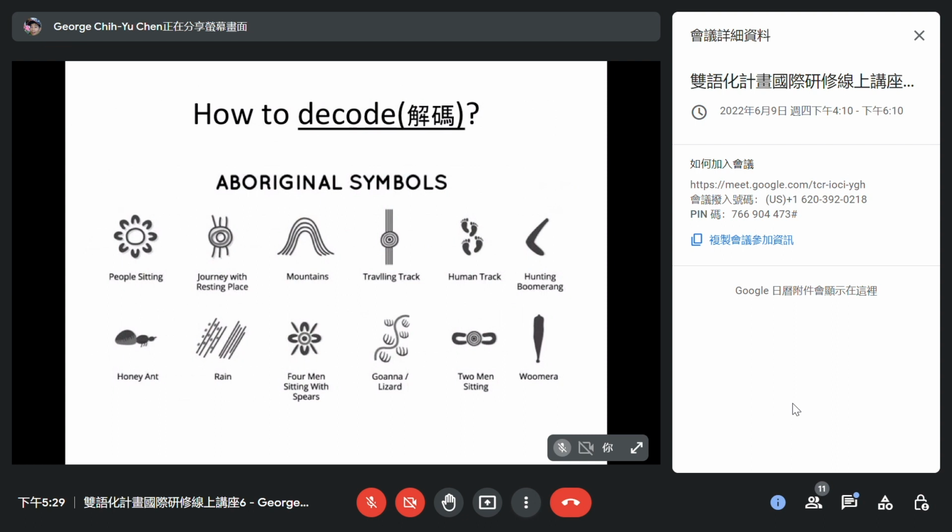Spear means 矛，打猎用的那个矛。Next, guana or lizard. Guana is a large lizard in Australia, and they have a symbol for the lizard. 2 men sitting.